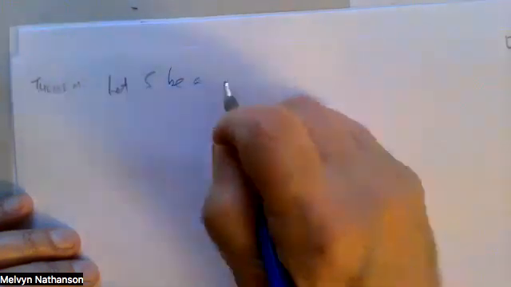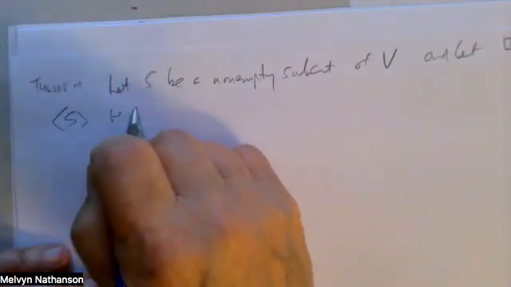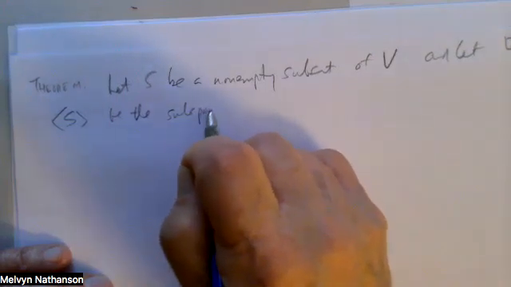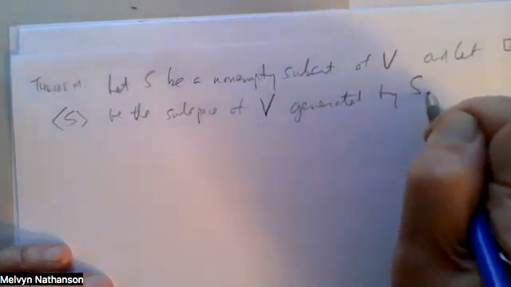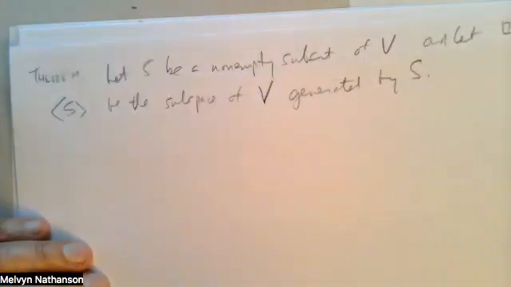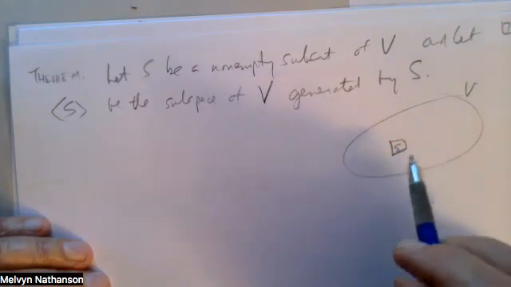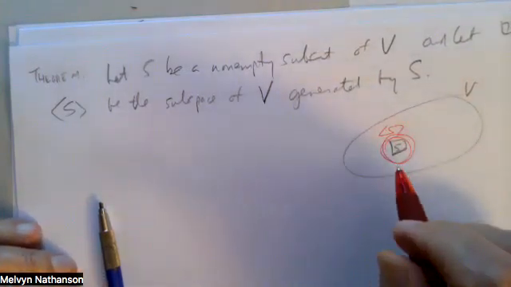Let S be a non-empty subset of V, and let S with brackets around it be the subspace of V generated by S. Here I have V. Here I have my set S. And containing S is the subspace generated by S.